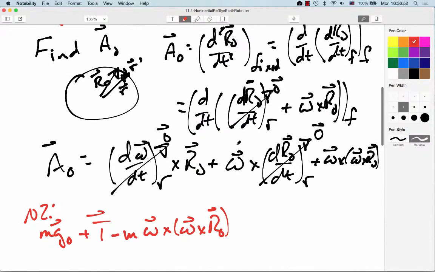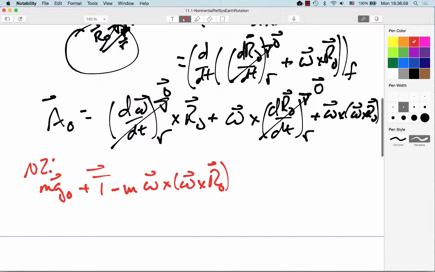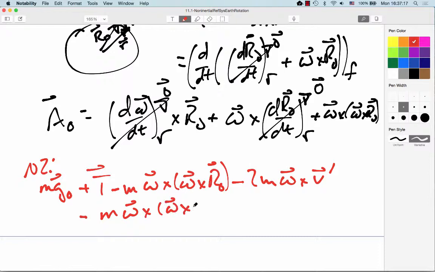We've already wished away the transverse force because we said that omega dot is 0 for our purposes. We still have the Coriolis force, so minus 2m omega cross v prime, minus the centrifugal force m omega cross omega cross little r prime, like so, and that equals m a prime.